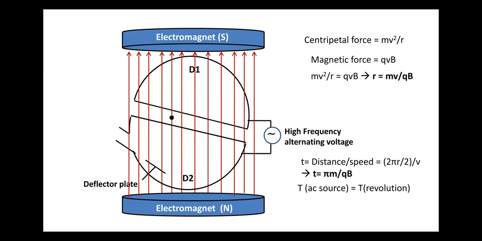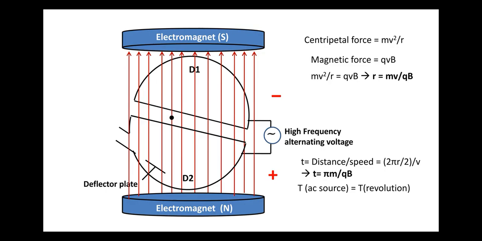At this position, as soon as the particle reaches the gap between D1 and D2, the field reversal occurs, and now D1 is at negative potential and D2 is at positive potential. So naturally the particle will get accelerated towards D1.